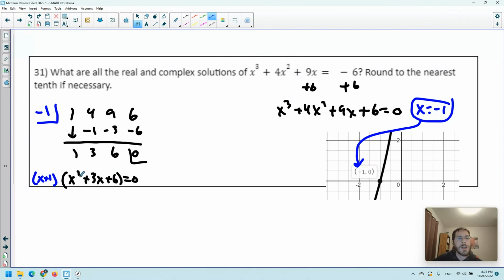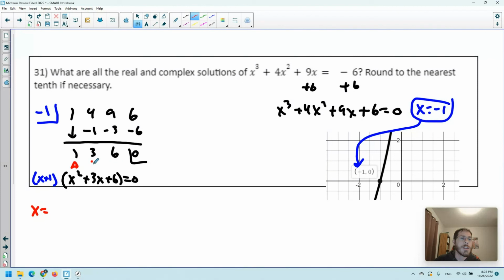But that means I need to try and break this down a little bit. If I try to factor it, I don't know anything that multiplies to 6 and adds up to 3. So I'm out of luck there. You know what? I got 3 numbers. We said in class, if you get 3 numbers, just go ahead and use the quadratic formula. Might not be the best solution, but it'll always work. So let's just go for it.